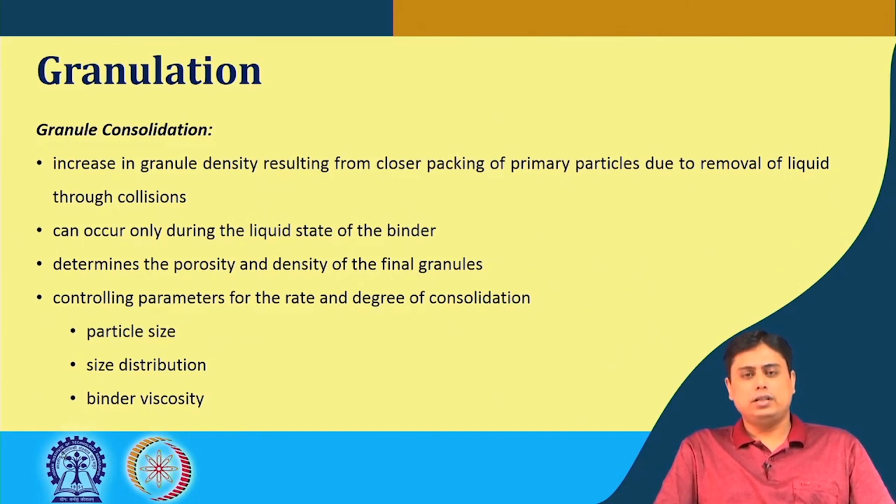This consolidation step also determines the porosity and density of the final granules. The controlling parameters for the rate and degree of consolidation are particle size distribution and the binder viscosity.